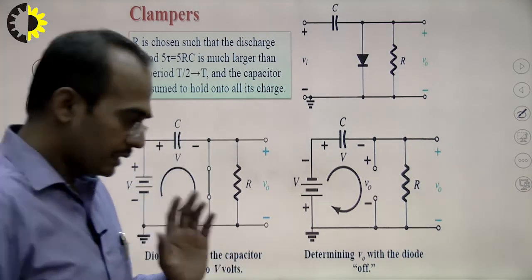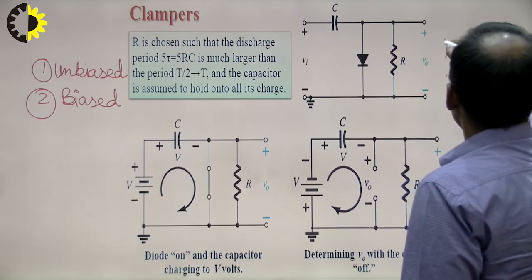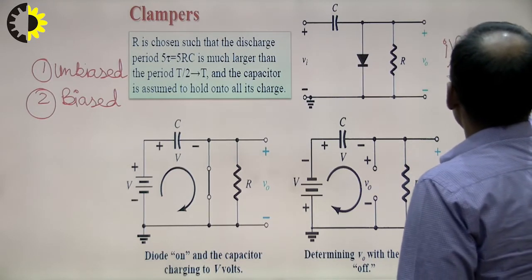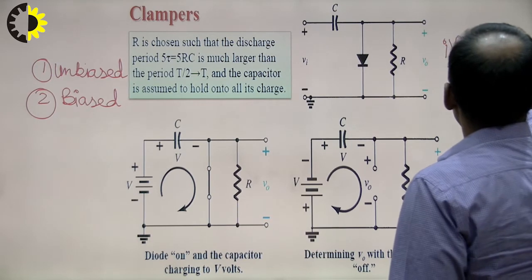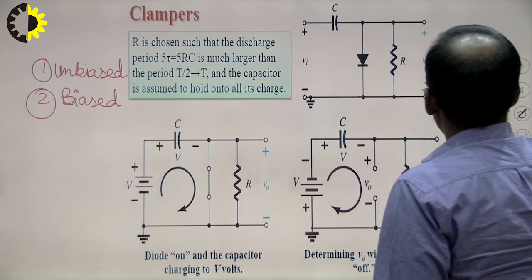Biased and unbiased clamper circuits are further classified into 2 parts. First is positive clamper and second is negative clamper.